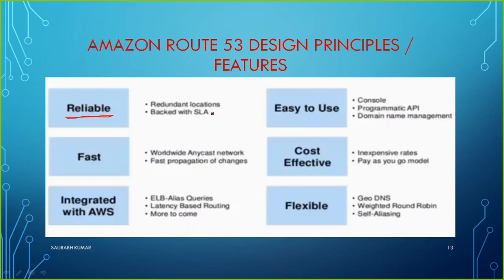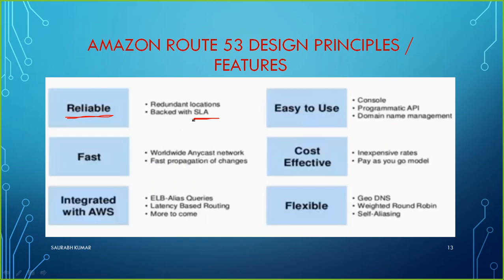Because it is going to be available everywhere. It is not region based, it is not availability zone based, it is a global service, so it is available globally. It is running on multiple regions and multiple availability zones, so that's why it gives you better reliability and redundancy, backed with an SLA, that is an agreement.